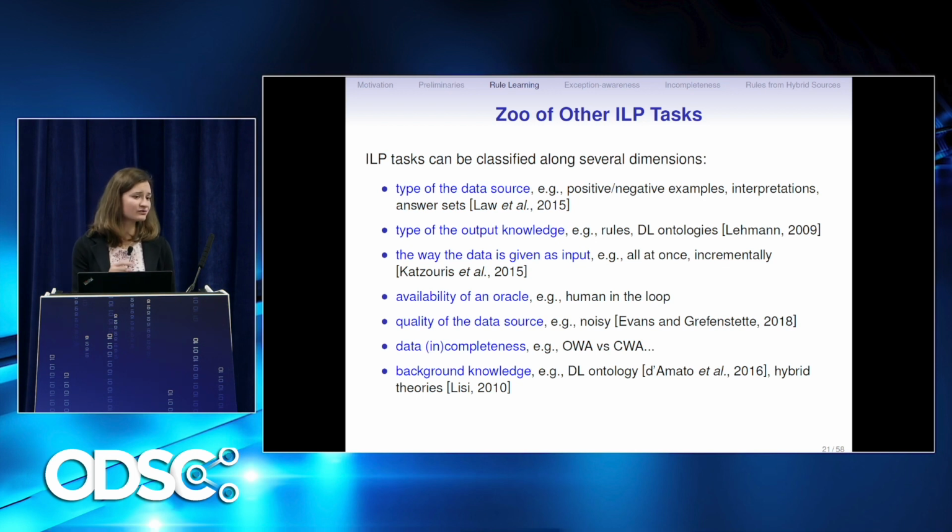Importantly, learning rules with noise present in the data is a crucially relevant task in the context of inductive logic programming. And actually, it was recently studied by DeepMind. Evans and Grefenstette proposed an approach where this is combined with deep learning techniques, these inductive logic programming methods. So it's getting more and more popular, actually.